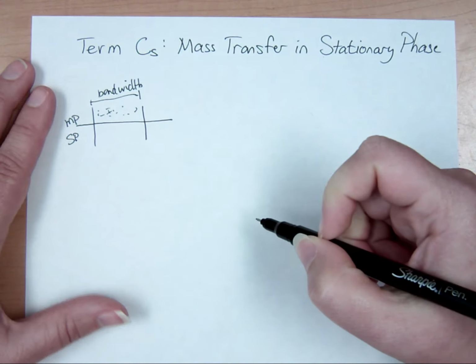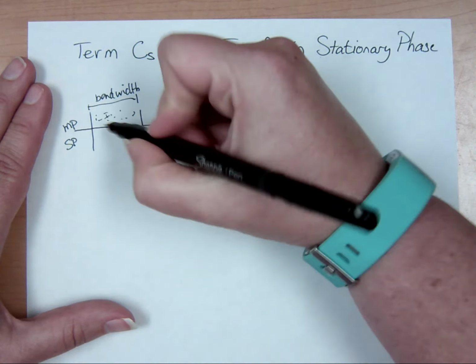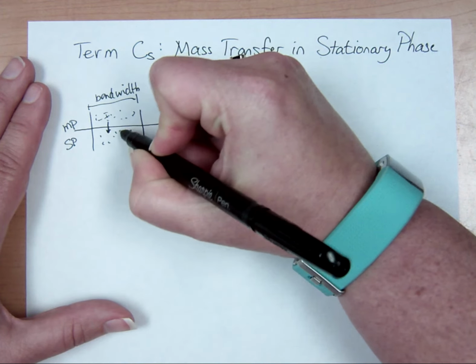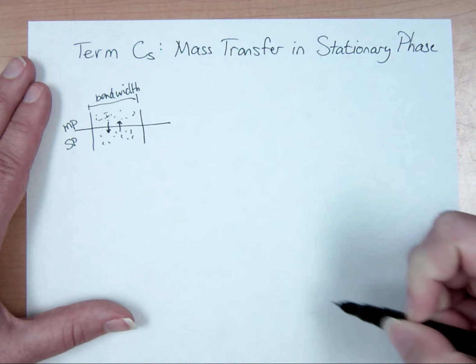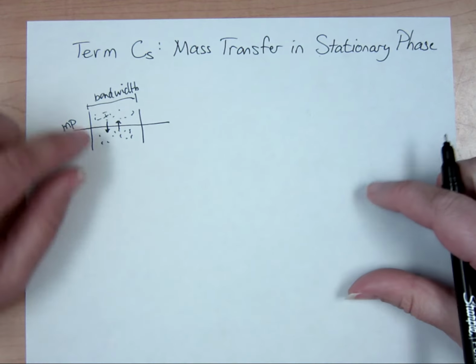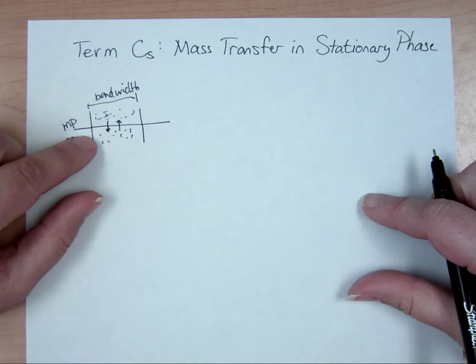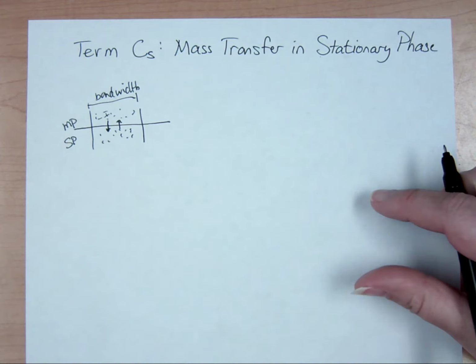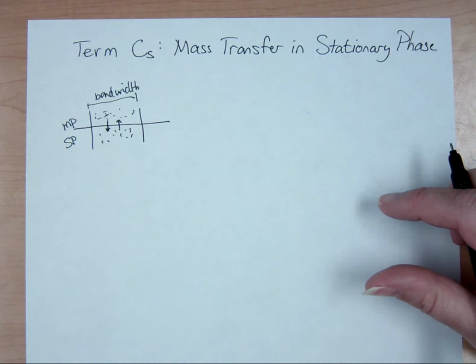So as the analytes are interacting with the stationary phase, again, we're at equilibrium. So some of them are going in, some of the ones in the stationary phase are coming out. Again, this is in equilibrium, where we have some percentage that are below and some percentage that are above. So some are in the stationary phase, some are in the mobile phase.